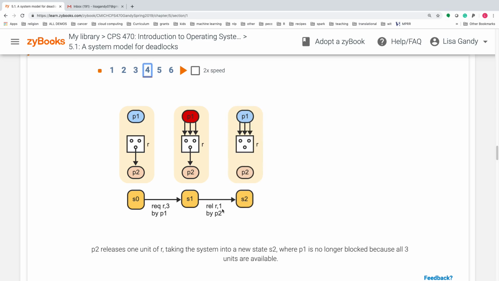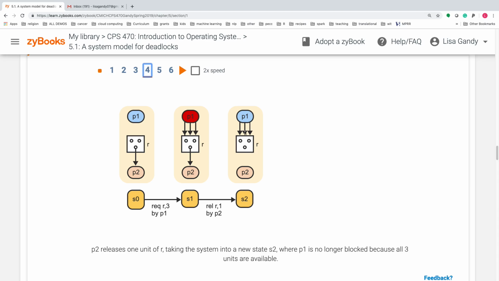Then the next state is P2 releases a unit. In this one, P1 becomes unblocked because P2 released it. Does it go back from P2 to R? It doesn't go back from P2 to R. That would be a request. Release is just basically like the arrow goes away.